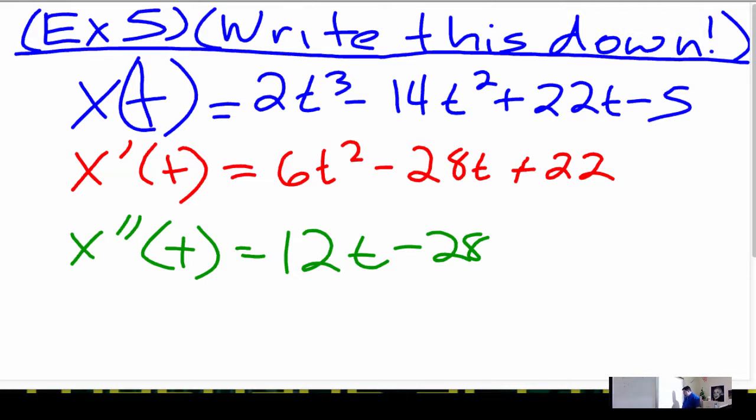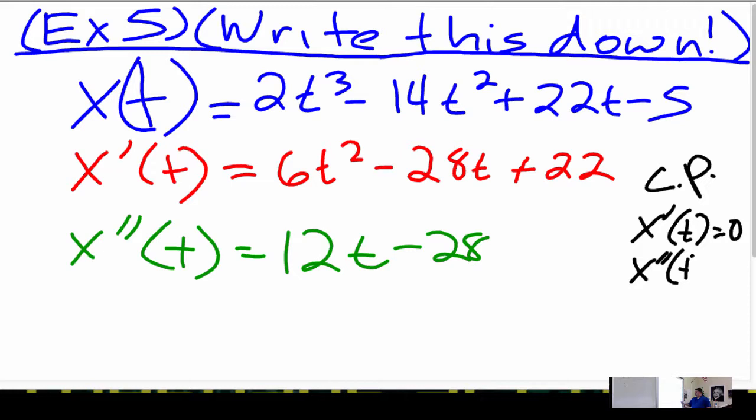Alright. So now, the next step of this, if I wanted to graph this just using points of inflection and min and maxes, I need to find the critical points. So the critical points occur when x prime of t equals 0 and x double prime of t equals 0.